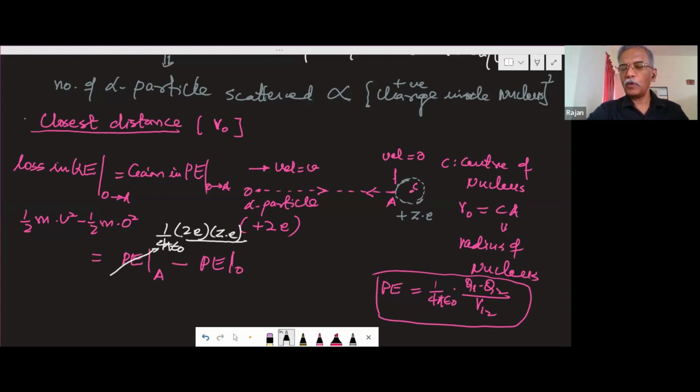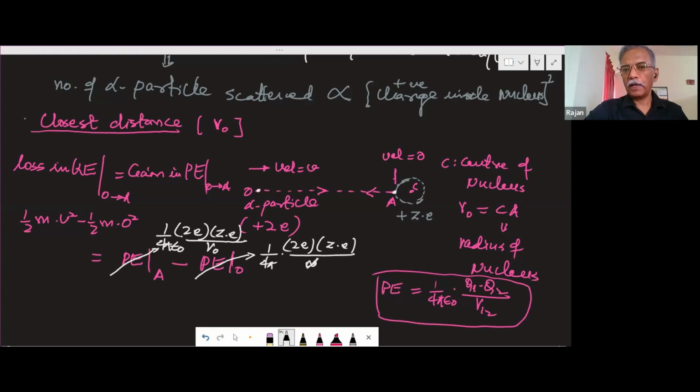The distance is C to A, considering the alpha particle at this point. This same alpha particle has come here. So yes, the distance between C to A has to be taken. This is your R naught. As far as P at O is concerned, this is 1 by 4 pi epsilon naught 2e into Ze, divided by infinity.